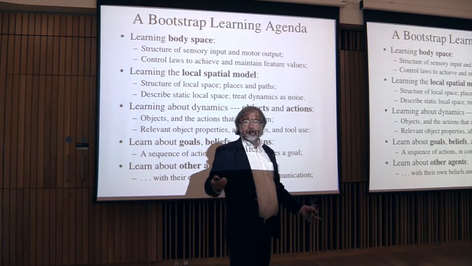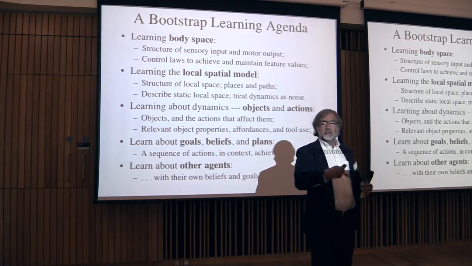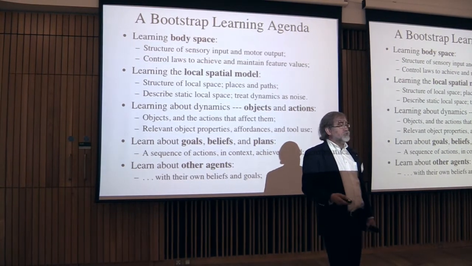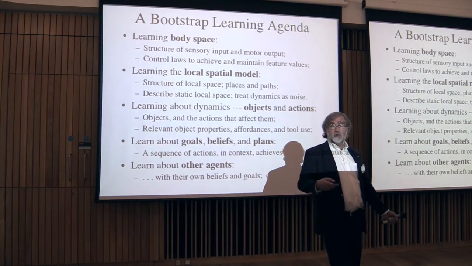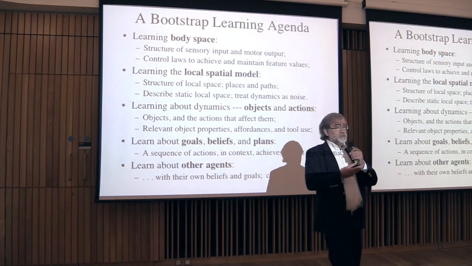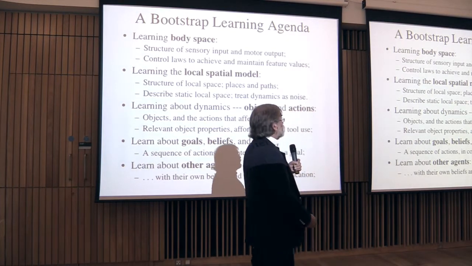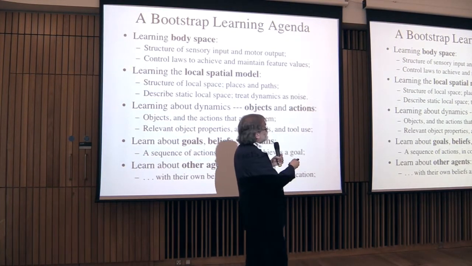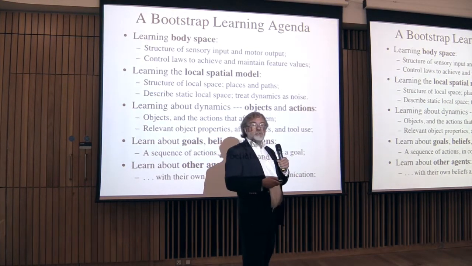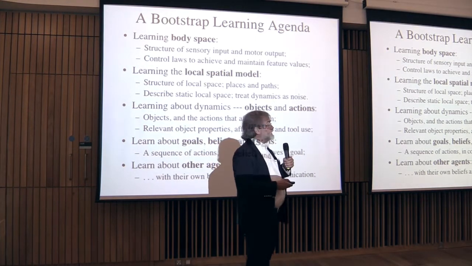If we have the learning agent that I spoke of that has an uninterpreted sense vector, uninterpreted motor vector, and needs to learn about its sensory motor interaction and about the things in the world, then it's first going to have to learn about its body. Sensory input, motor output, needs to learn control laws to do various things.